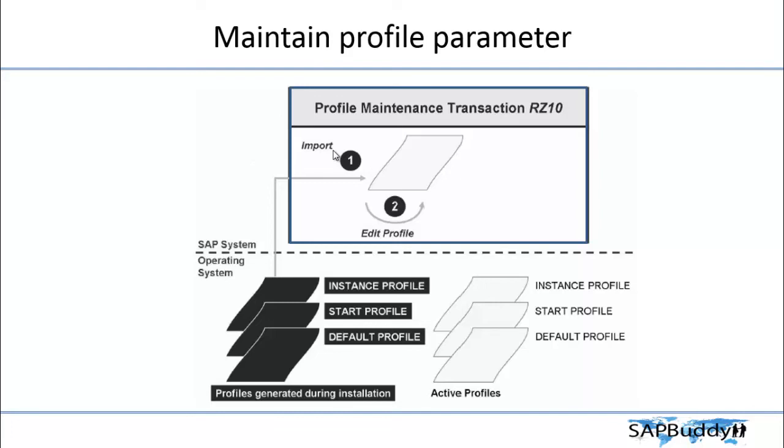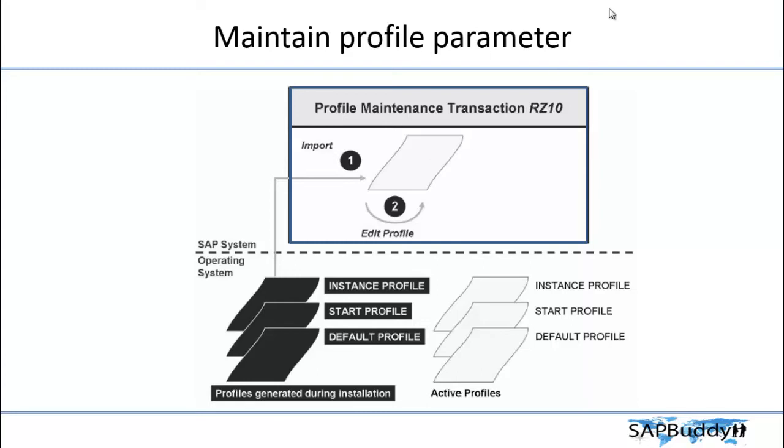As we said initially, when the system is being installed, these profile parameter files are created by the SAP program at the operating system level. So in a fresh SAP system, you need to import these files into the SAP system. Unless you import them, these files and the values will not be available to the SAP system or to the database of the SAP system.